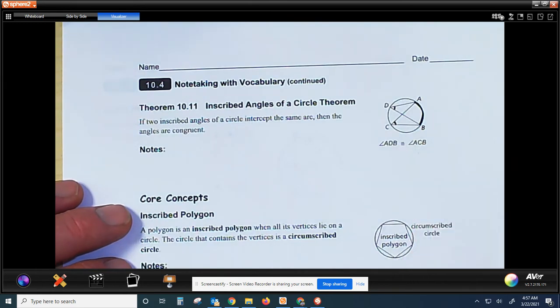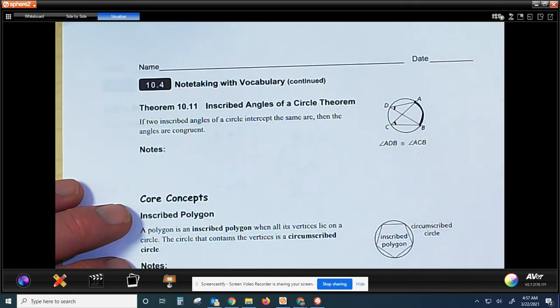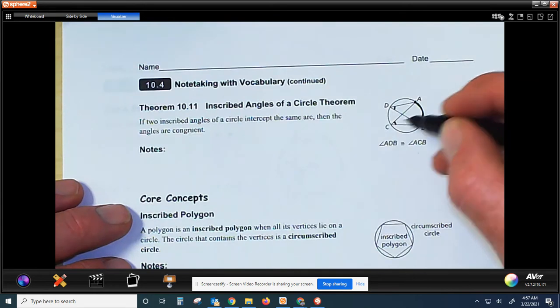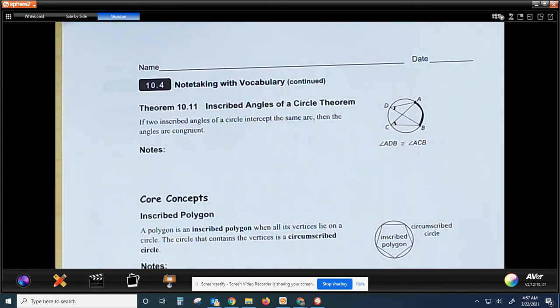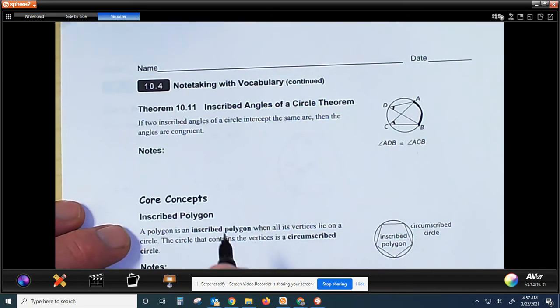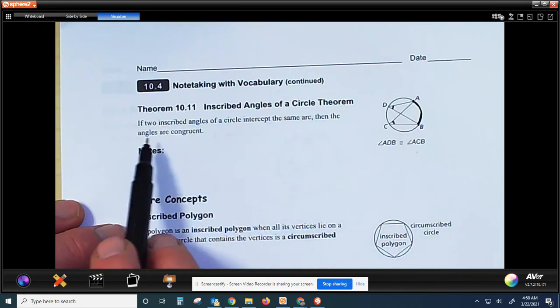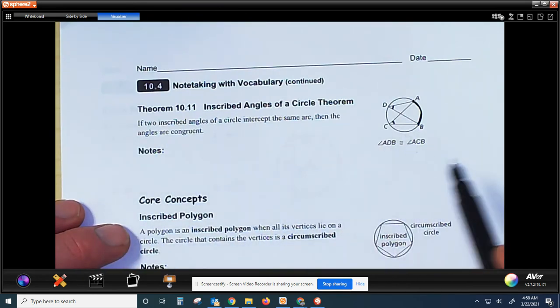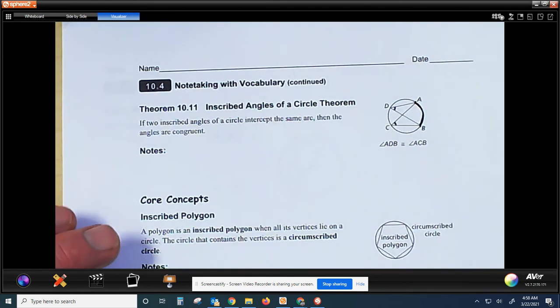We don't know what they are, but we can say here that they are congruent because they share points in where they project. The lines cross the same place. Okay. If 2 inscribed angles of a circle intercept the same arc, then the angles are congruent. This is part of what will be puzzles to figure out in your assignment today.